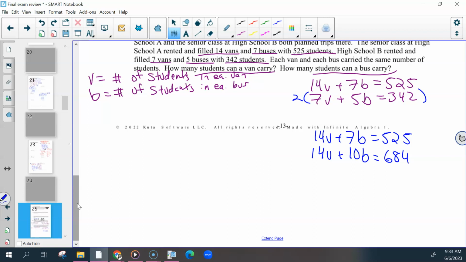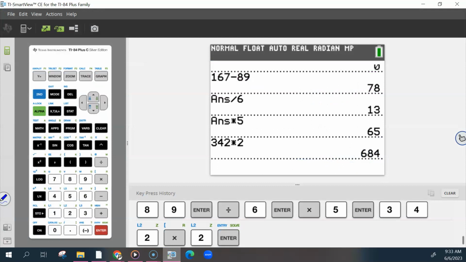And then to eliminate, 14 minus 14 would give us 0. 7 minus 10 would give us negative 3B, and then we're going to figure out that last one.